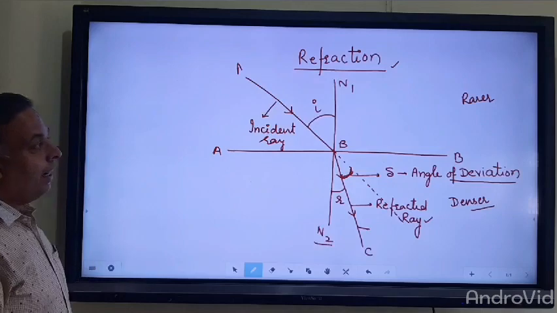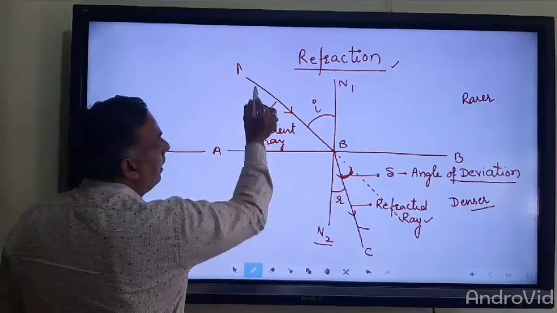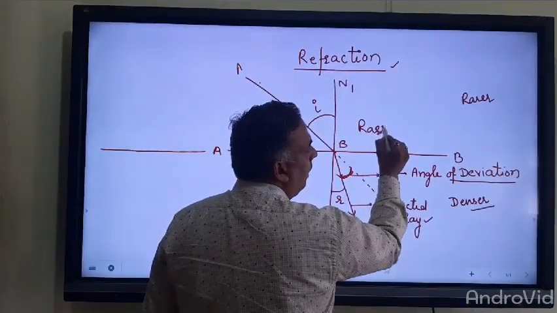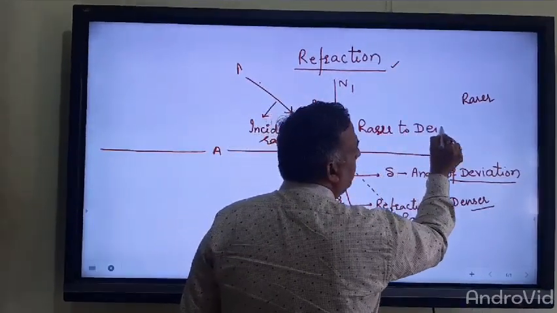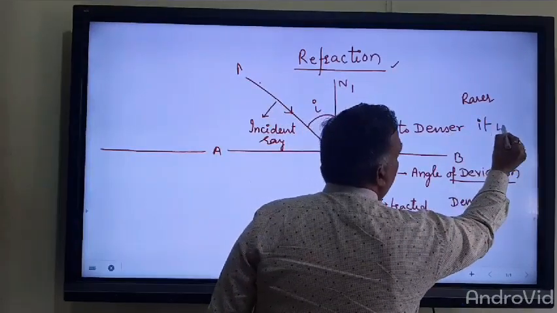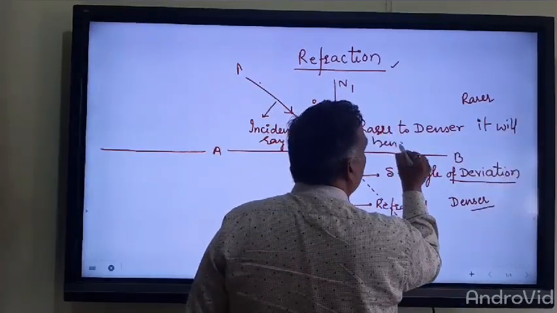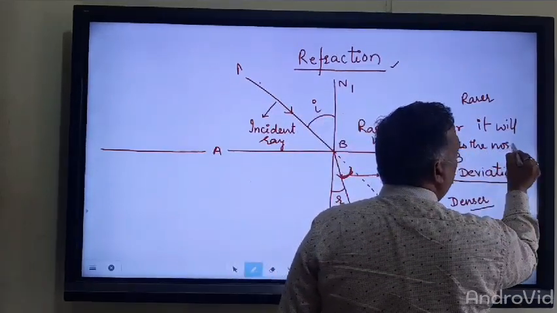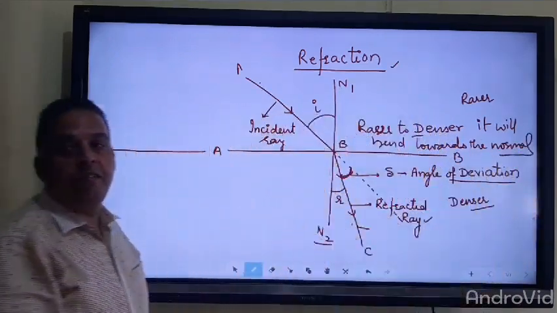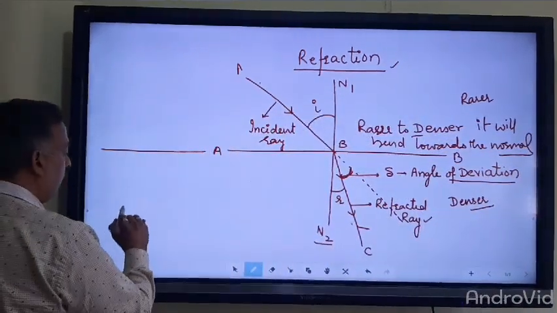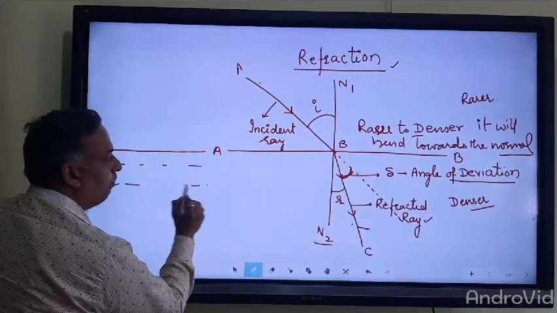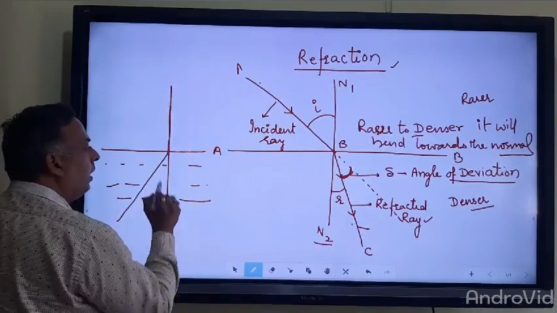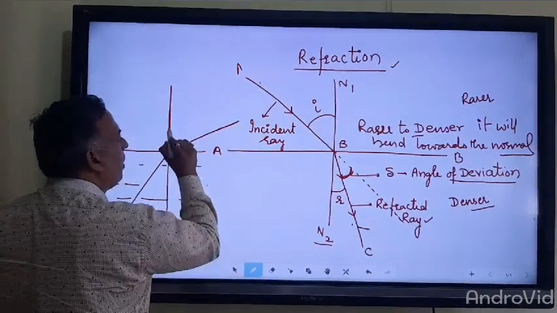When a ray goes from rarer to denser, it will bend towards the normal. But when it goes from denser, here I am considering the denser medium, and this is the normal, then it will bend away from the normal.